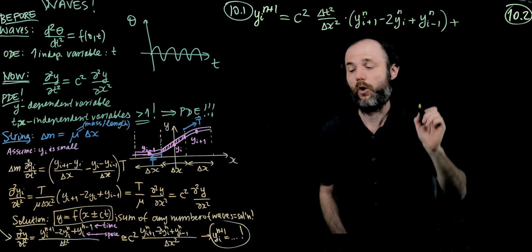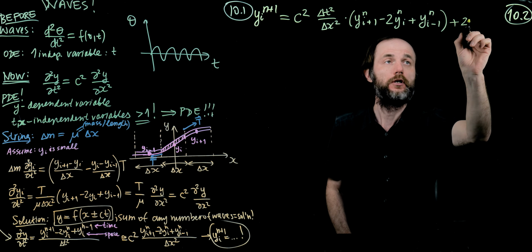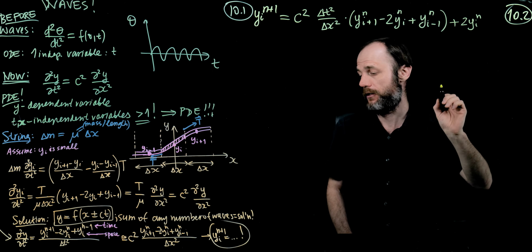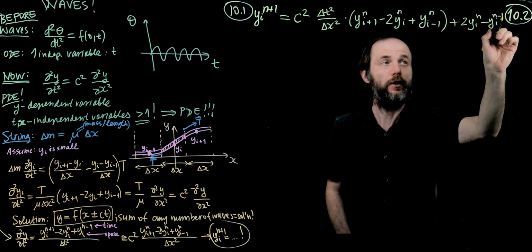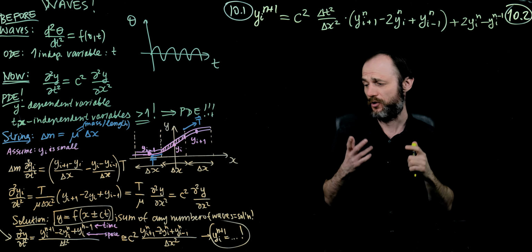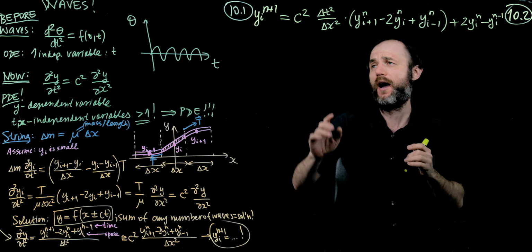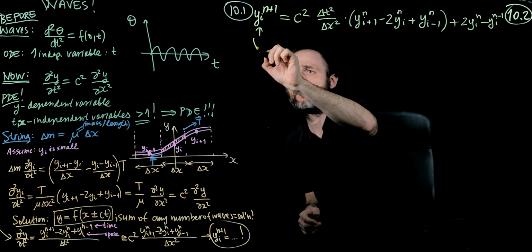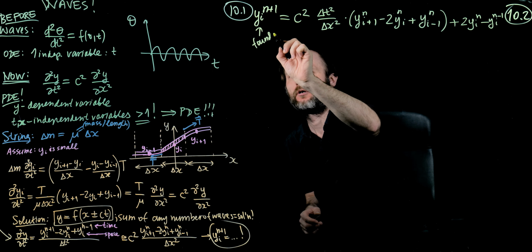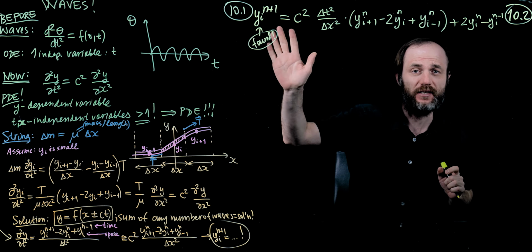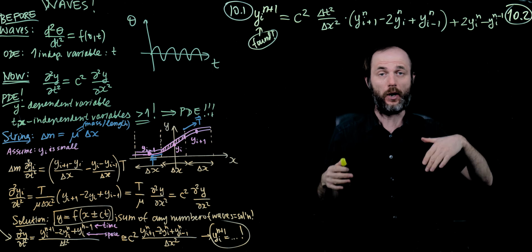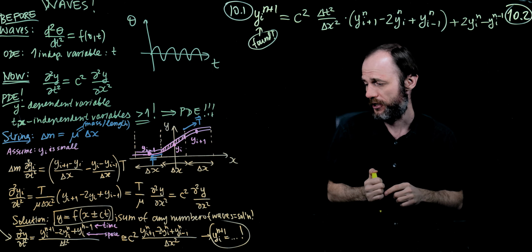And all that's left over is 2y_i^n minus y_i^{n-1}. So that's it. We have found the value at the next time step of our displacement of the string.